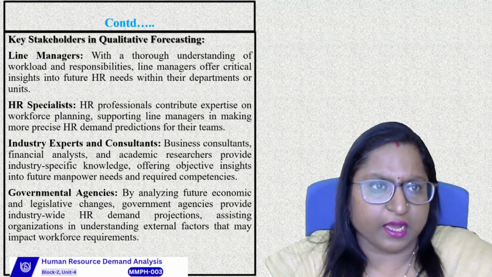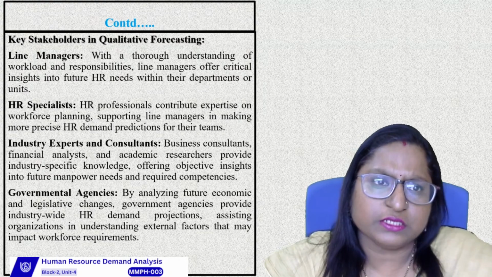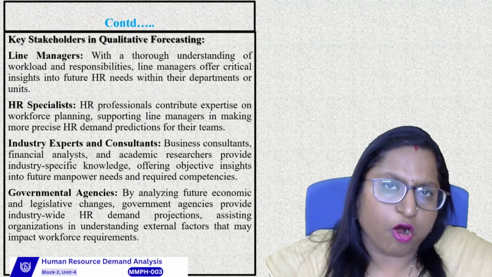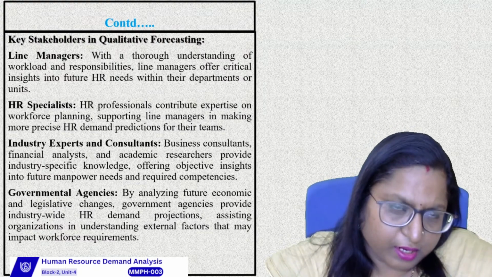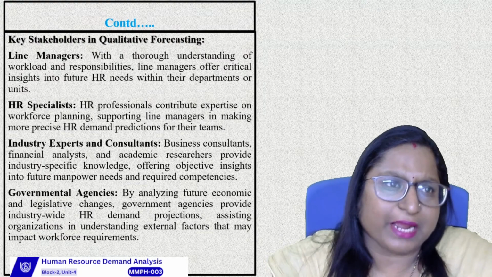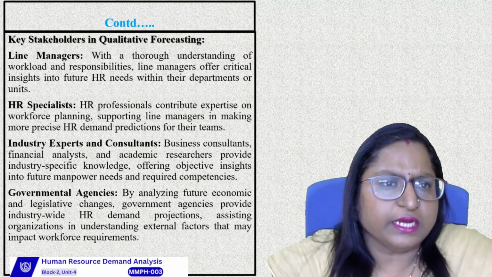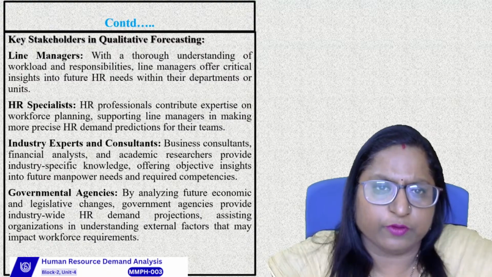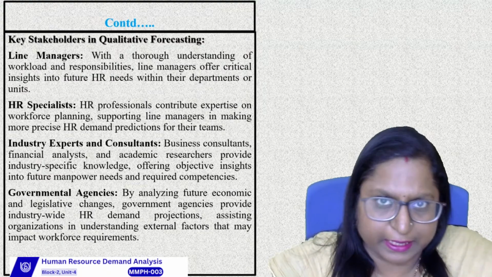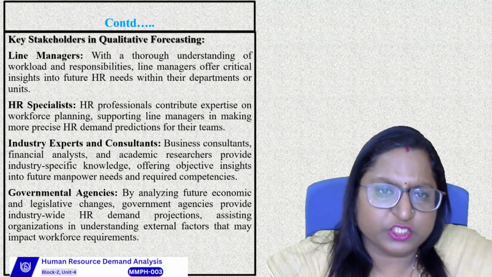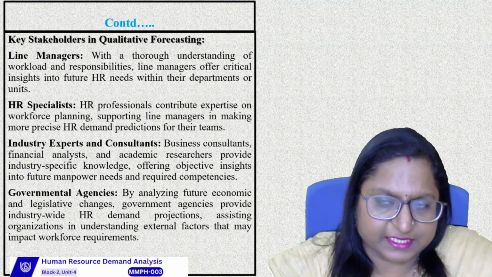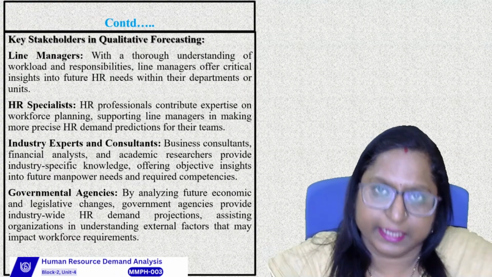Based on the data available or the manpower requirement of the particular department, that can be given by line managers only. HR specialist: here the HR professionals contribute expertise on workforce planning, supporting line managers in making more precise HR demand predictions for their teams.